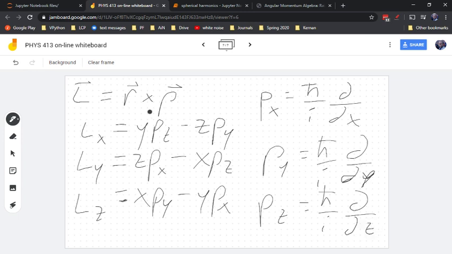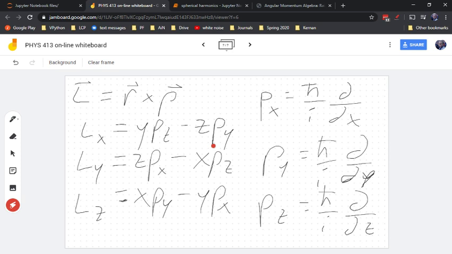And so when you have this angular momentum stuff, wherever you have these p's, you're actually plugging in a derivative. So you're actually making an operator where you say take a derivative and then multiply by this value. So for example, to do Lx, you're saying in this right-hand term here, take a derivative with respect to y and then multiply by z. And here you're saying take a derivative with respect to z and multiply by y.